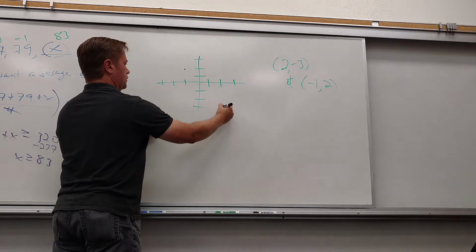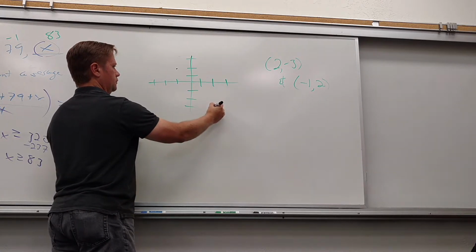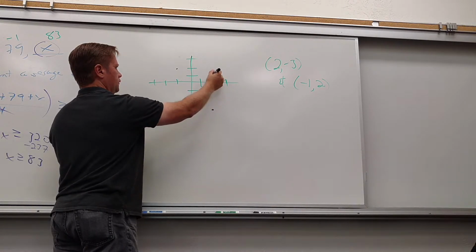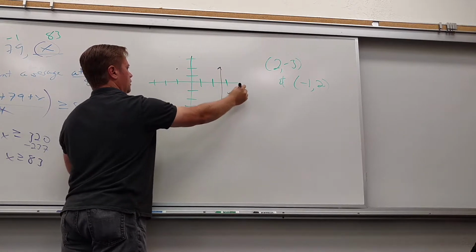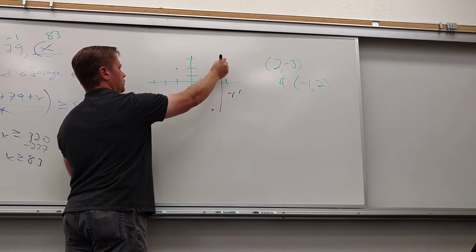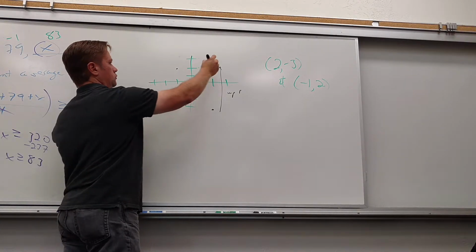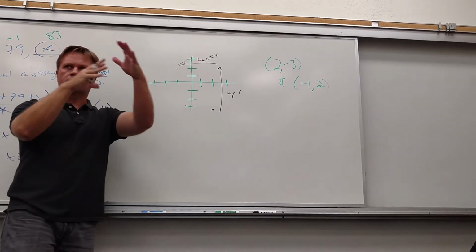I could just count how far up do I go from that point to that point. 1, 2, 3, 4, 5. So I go up 5. And how far back do I go? 1, 2, 3, 4. So how do I put together the slope from that?